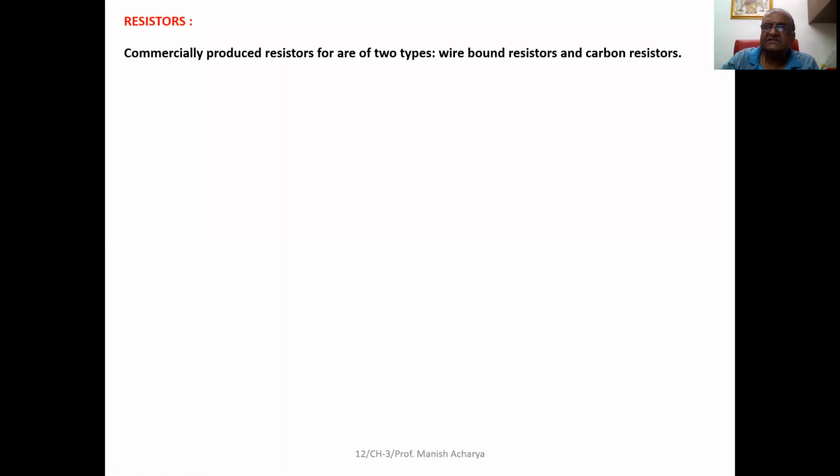Now next topic, resistors. The resistors available in the market, or we can say the resistors which are commercially used, are of two types: wire wound resistors and carbon resistors.